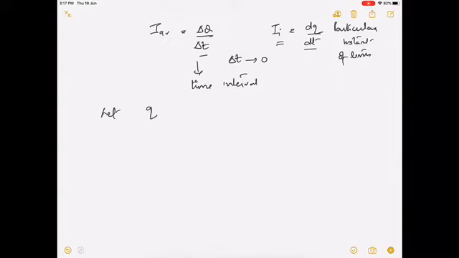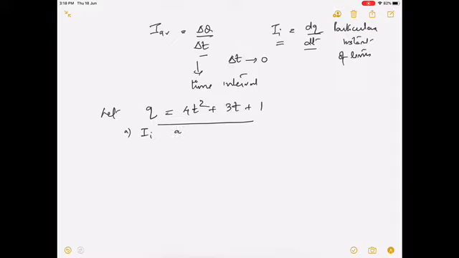Okay, so let us consider some conductor. Let Q be the charge that is flowing through it, and the equation of charge with respect to time is given as 4t square plus 3t plus 1. Okay, this is the equation of charge. Now children, this is an equation in which time is the variable, a quadratic equation. So in this, two things are to be determined.